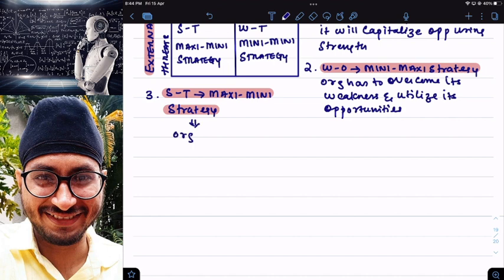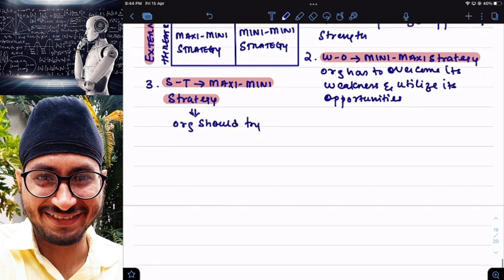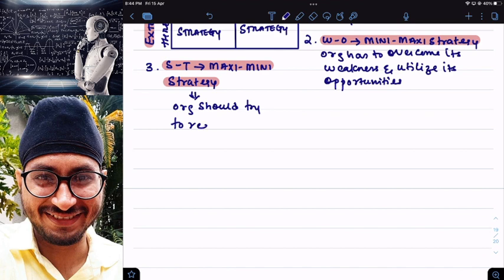Organization should try to reduce its threats, using what? Using strength. Clear? Organization should try to reduce its threats by using its strength.